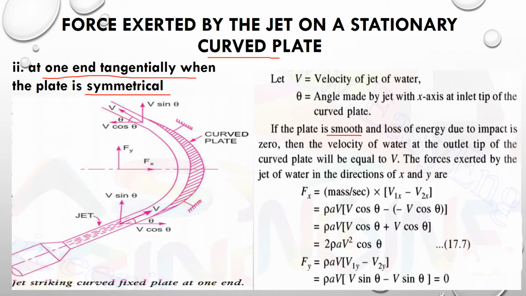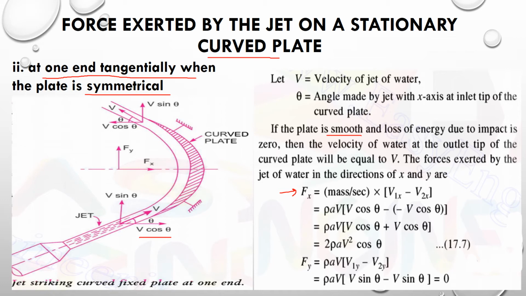So coming to our derivation, Fx is equal to mass per second into V1x minus V2x. So rho A V into... initially itself the velocity has a component V cos theta. In the earlier cases, the jet velocity was V because it was going in the straight direction, in the direction of x.